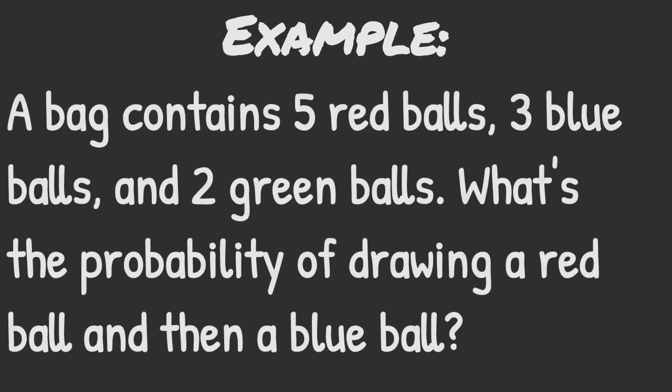Let's solve a problem on joint probability. So the question says, a bag contains 5 red balls, 3 blue balls, and 2 green balls. What is the probability of drawing a red ball and then a blue ball?